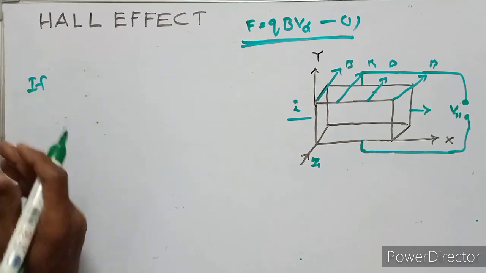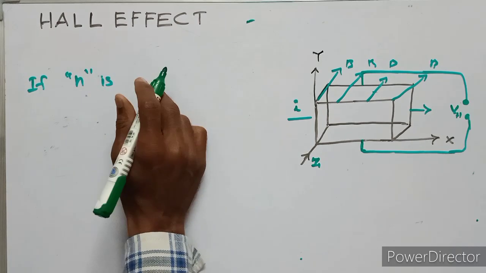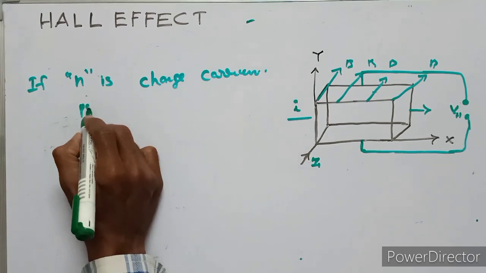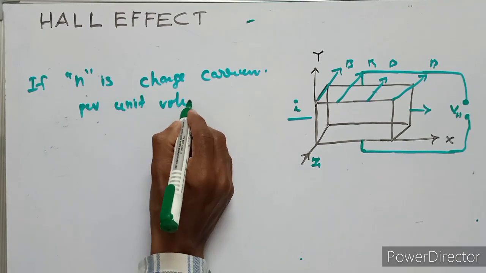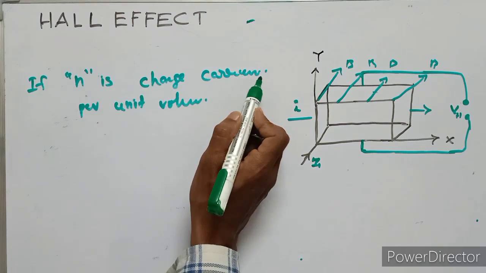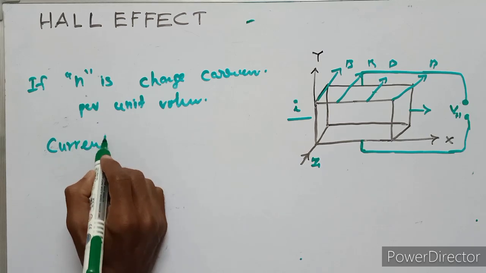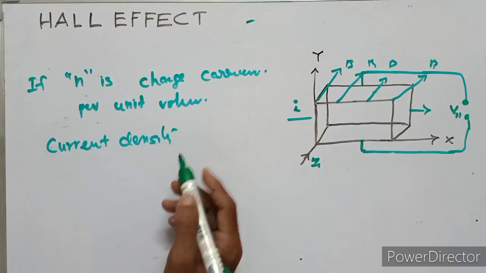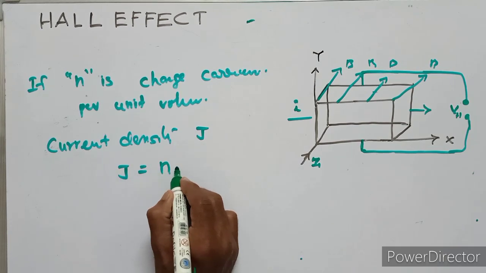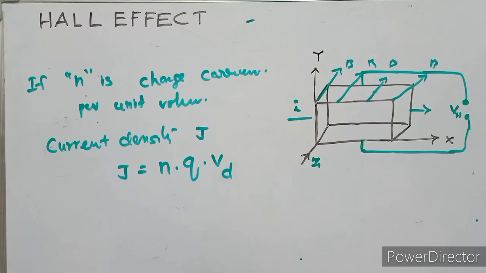If small n is the number of charge carriers per unit volume, then the current density is known as J. Here J is equal to n, the number of charge carriers, into the charge, into the drift velocity.